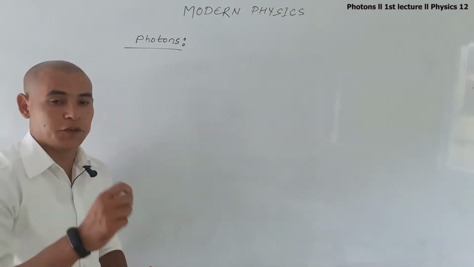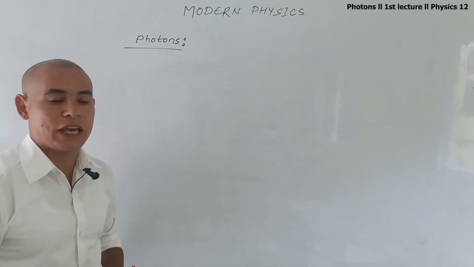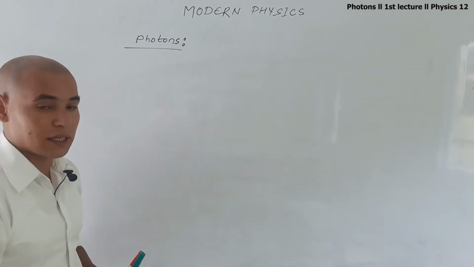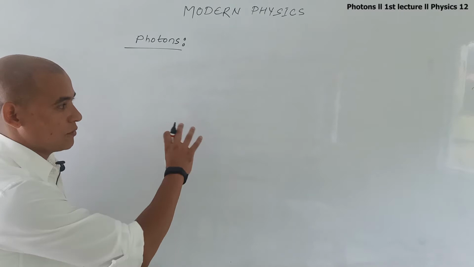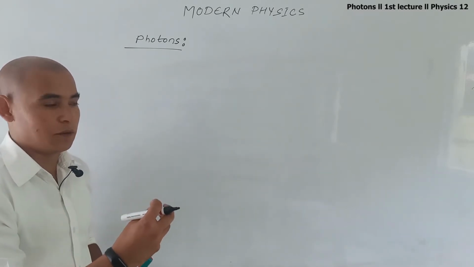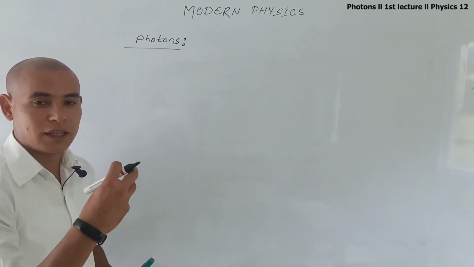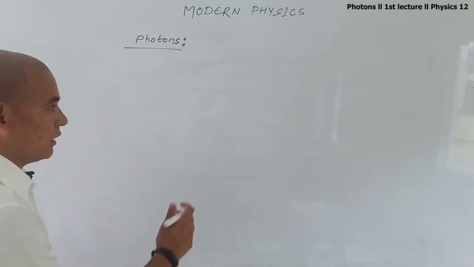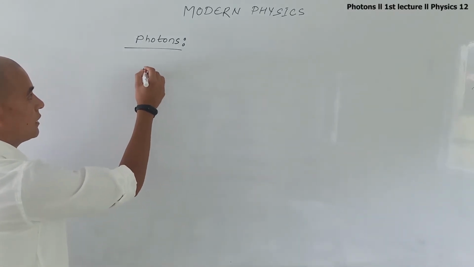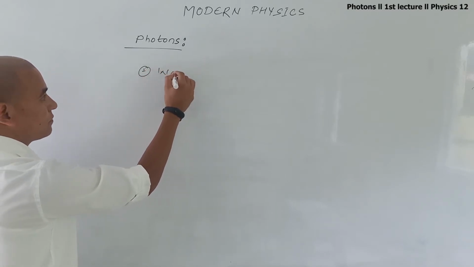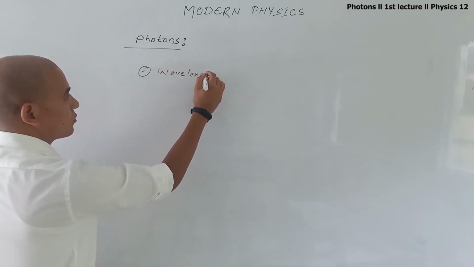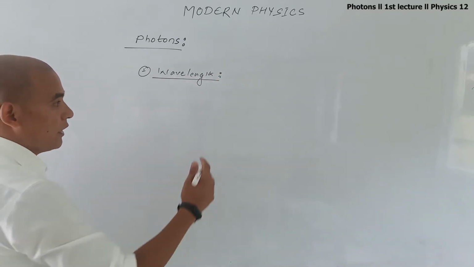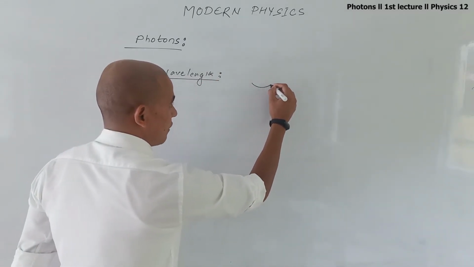There are a few terms that we have to remember while studying this chapter. So I am going to give some information on the different terms that we will be dealing with. First is wavelength. What does wavelength mean?